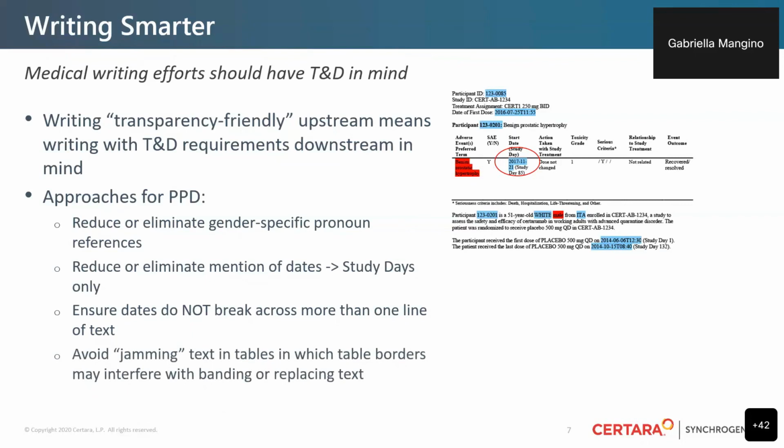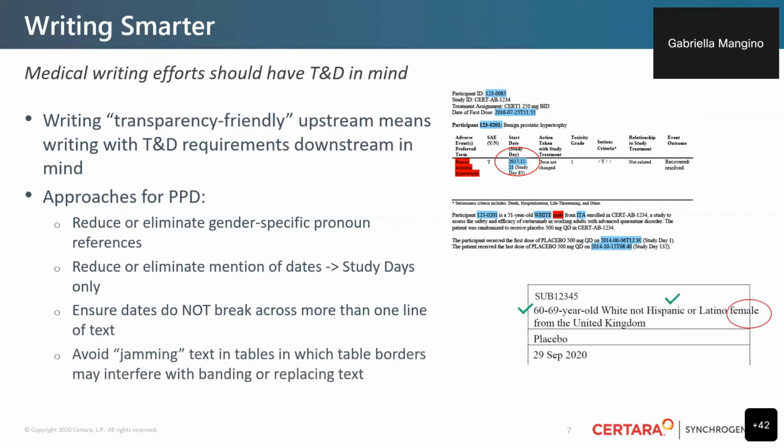And then another example is we want to avoid jamming text in tables in which table borders may interfere with banding or replacing text. So again, in this example is what we could see as a header in a patient narrative, which is tabular. It has a subject ID, it has some demographic information.